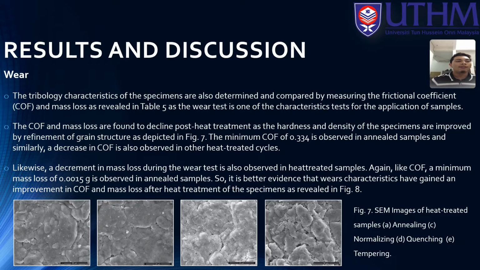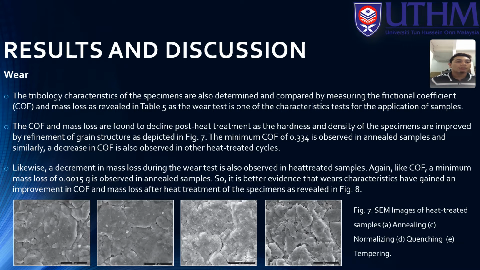The COF and mass loss are found to decline post-heat treatment as the hardness and density of the specimen are improved by refinement of grain structure, as depicted in Figure 7. The minimum COF of 0.334 is observed in annealed samples, and similarly, a decrease in COF is also observed in other heat treatment cycles.